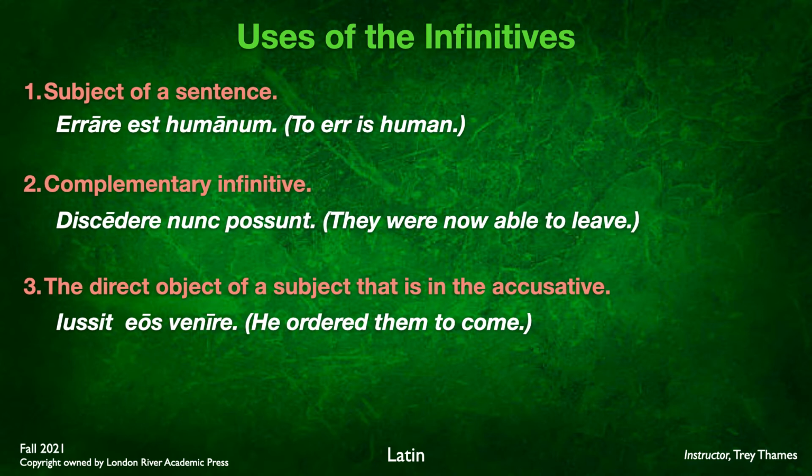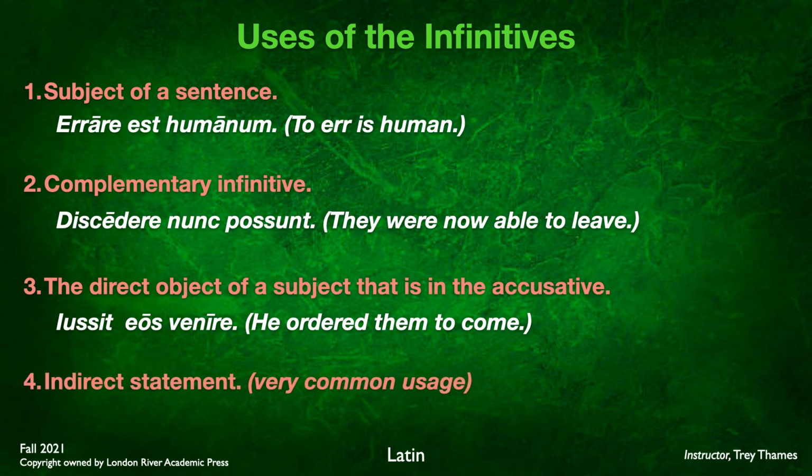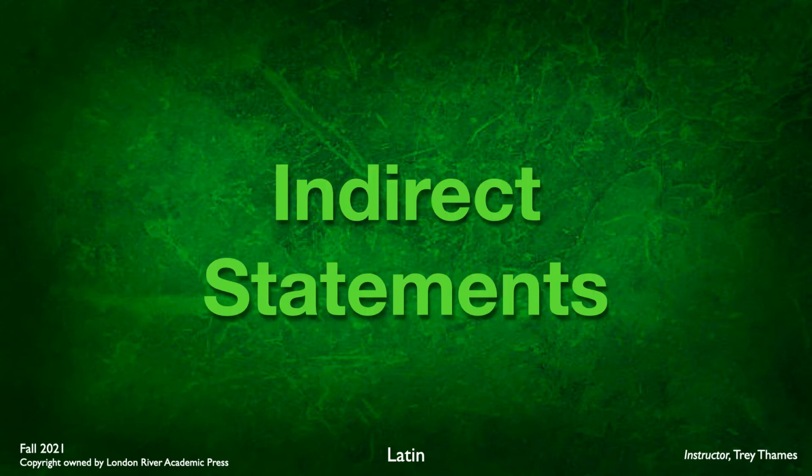But here it is also the subject in the accusative of the infinitive venire. He ordered them. What did he order them? To come. And then finally, this is the focus of the rest of this lesson, the usage of the infinitive in the indirect statement, which is a very common usage. Let's take a look at the next slide and see what this looks like.